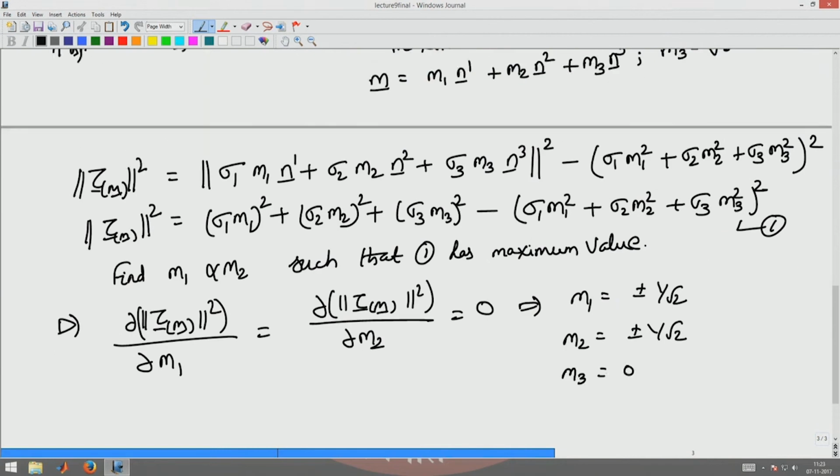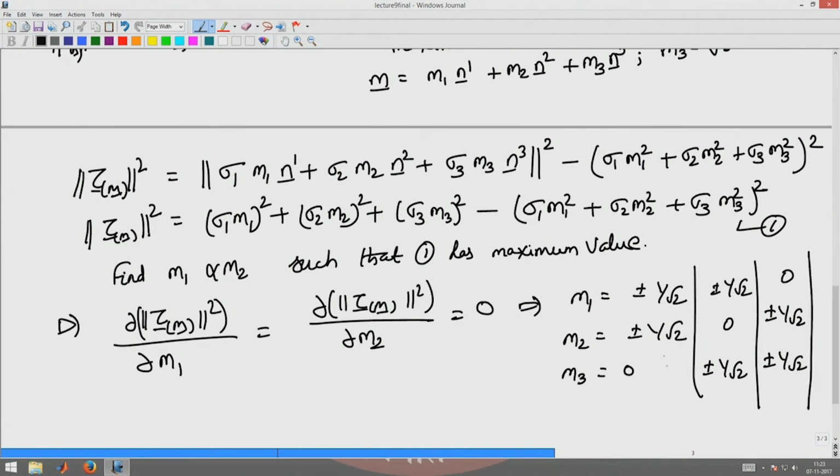Okay. Or I can get another set of solution, this being a nonlinear equation there will be more than one solution. So, 1 by root 2, 0, plus or minus 1 by root 2, or 0, plus or minus 1 by root 2, plus or minus 1 by root 2. These are the possible solutions that I will get. Okay.